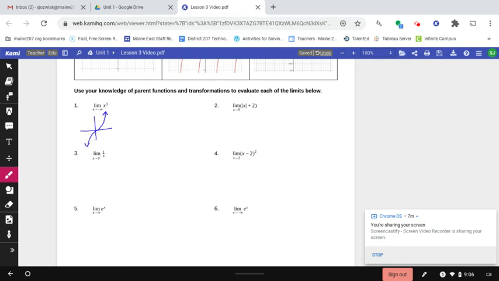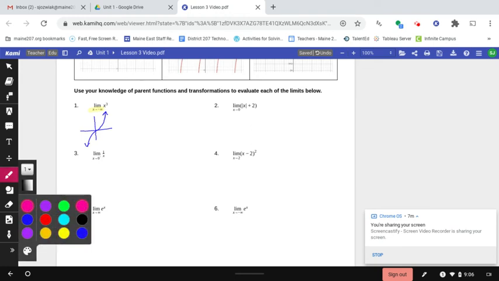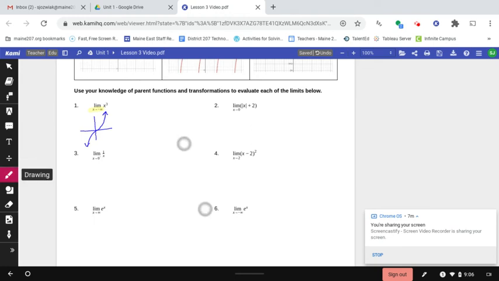Okay, so that is my basic cubic function, right? It doesn't have to be perfect. You don't have to draw out any scales or anything like that. We just need a rough idea of what's going on. So the limit is asking us to evaluate as x gets closer and closer to negative infinity. So we're looking at what's happening as x gets more and more negative, which means we're going that direction.